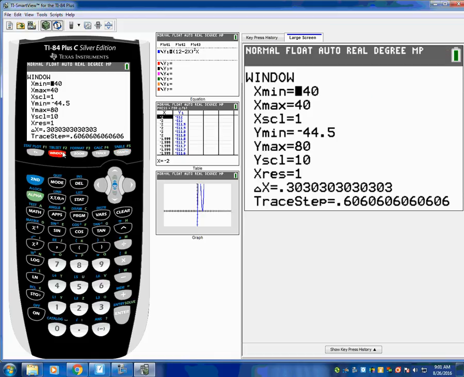Okay, so window. My X-min, I might want to make it something like -1. My X-max maybe 10.